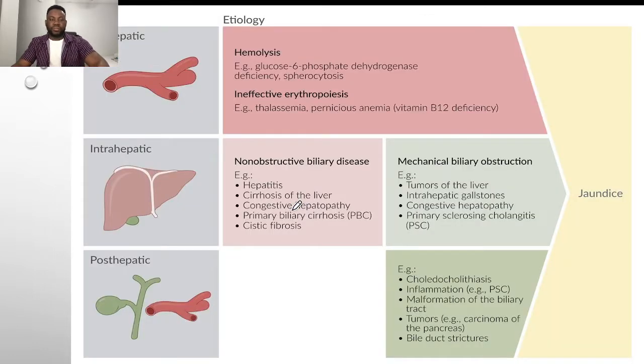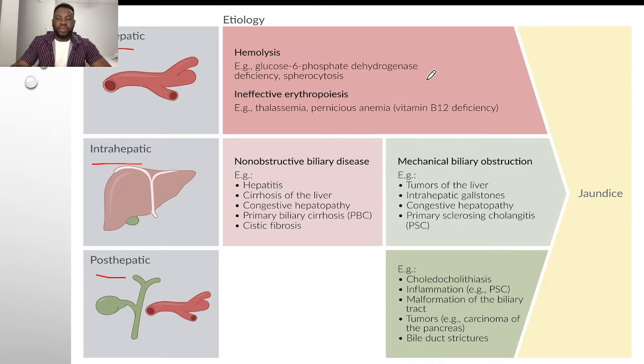Okay. Now let's look at other causes of jaundice. So we are going to classify jaundice per this slide. We'll classify jaundice into prehepatic causes, the intrahepatic causes, and the post-hepatic causes. Prehepatic causes are things that happen in the blood.